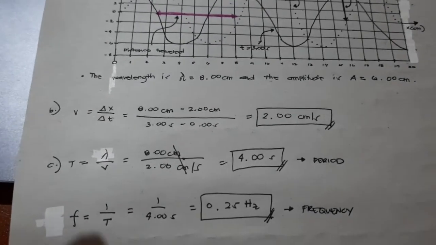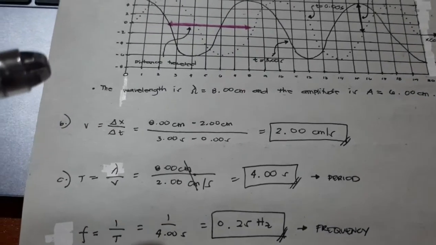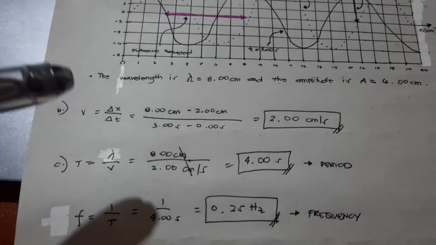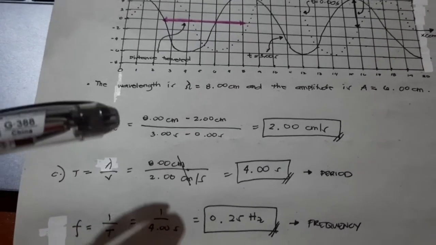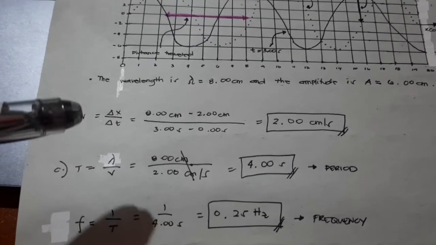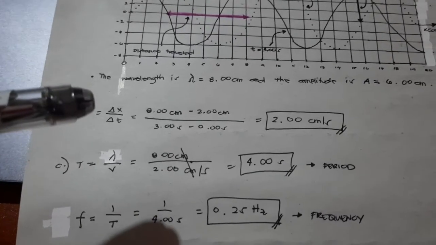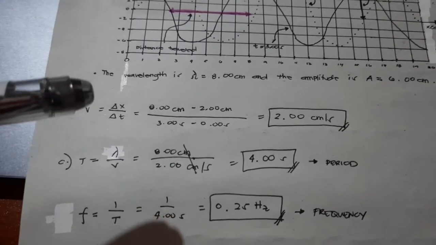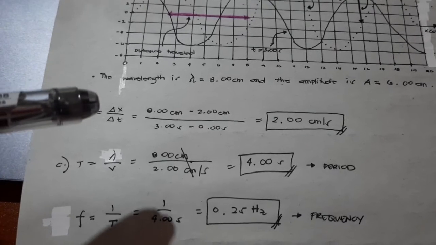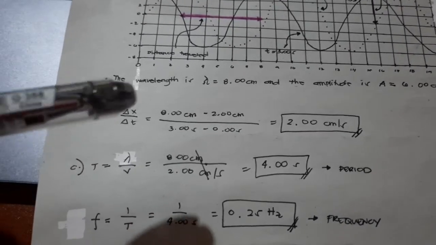So letter B. The distance the wave traveled from time 0 seconds to time 3 seconds can be seen in the graph.